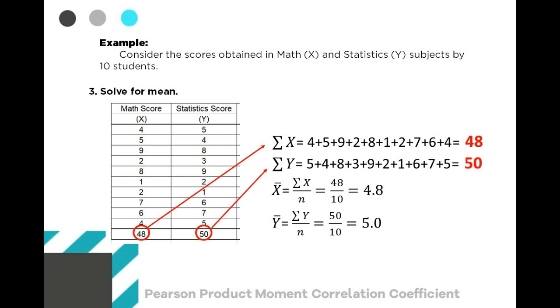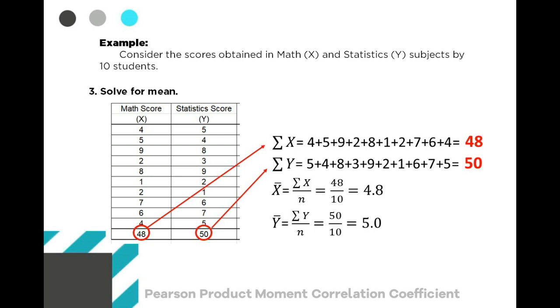So the summation of X is 48 over 10, which is 4.8. While the mean of our Y is the summation of Y over N, which is 50 over 10, which is 5.0. So the mean of our X is 4.8 and the mean of our Y is 5.0.